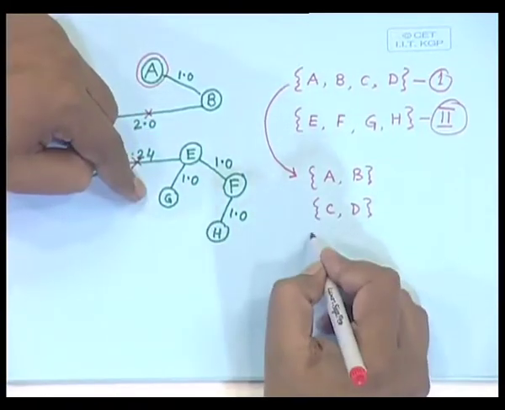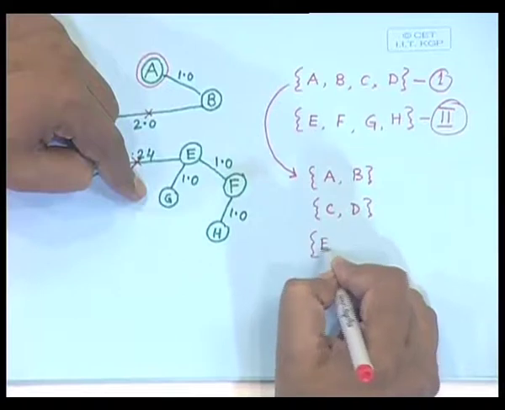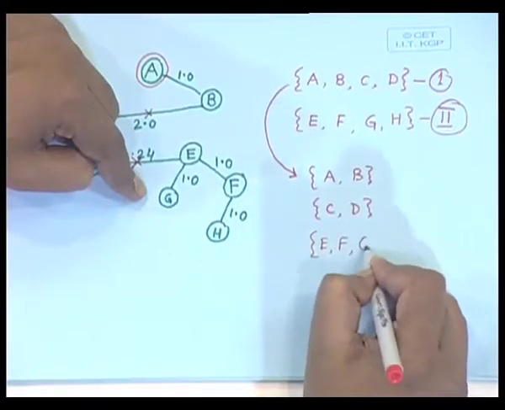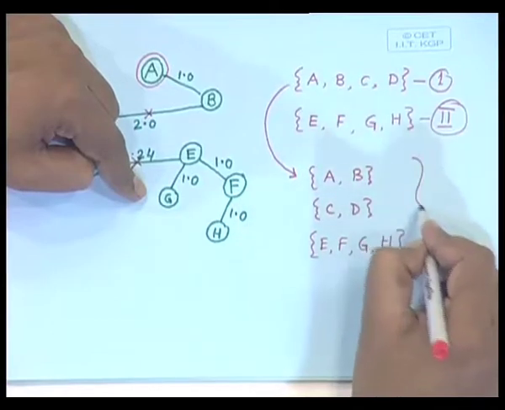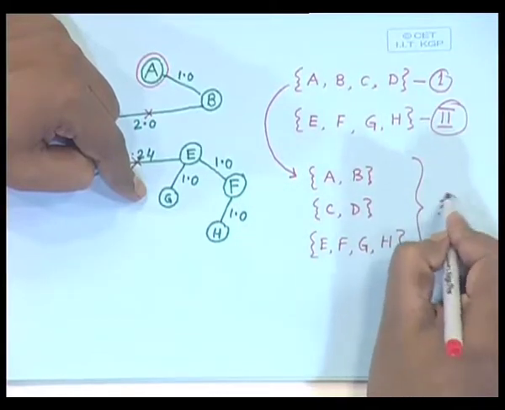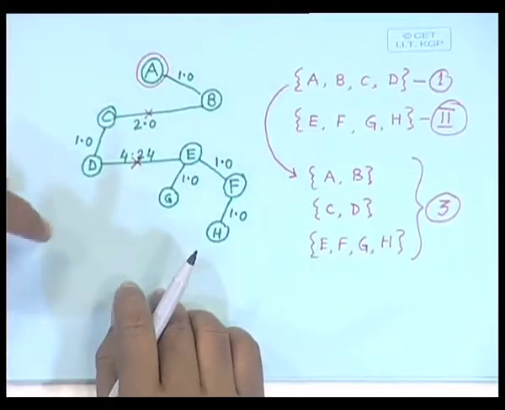Okay. So, the other cluster is E, F, G and H. So, in total I have 3 clusters in this case. Okay.